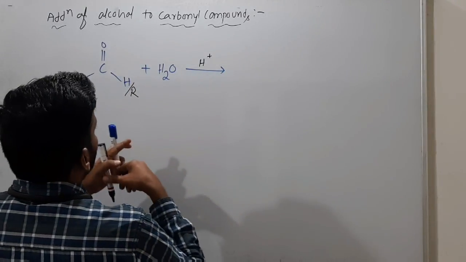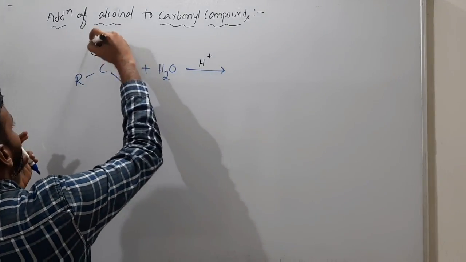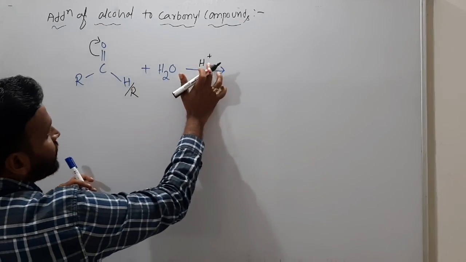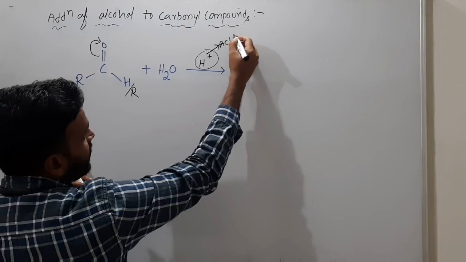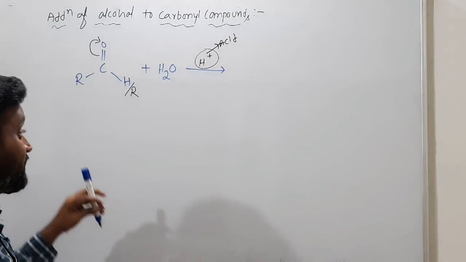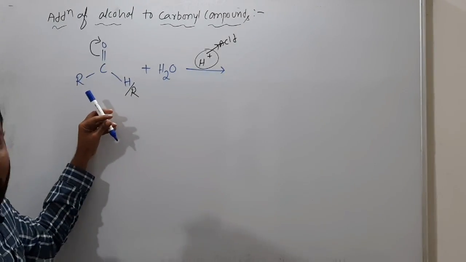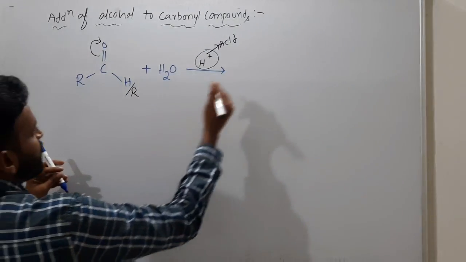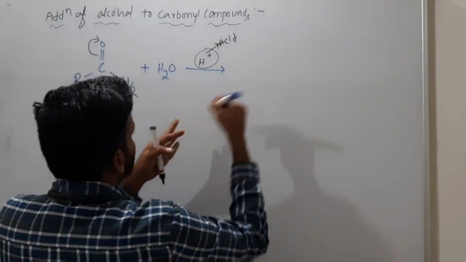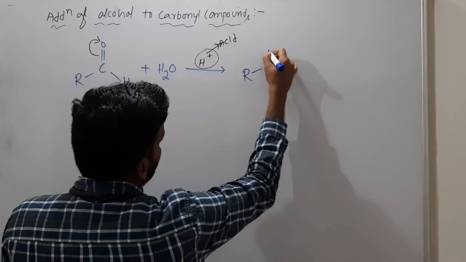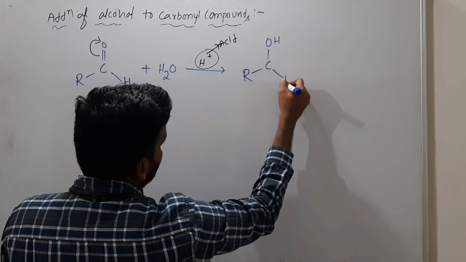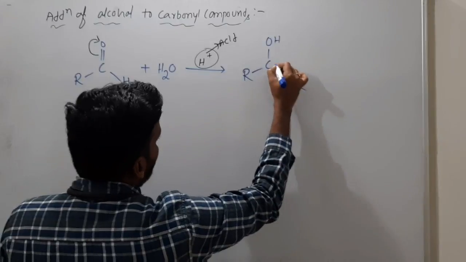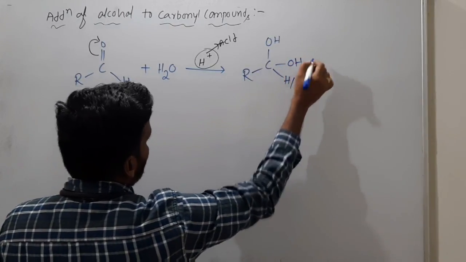So what happens now? Very simple. This bond will migrate here. First the acid donates a proton. This is called acid hydrolysis, acid hydrolysis on aldehydes and ketones. You will have R, C and here OH, and here either H or R, and here OH again.